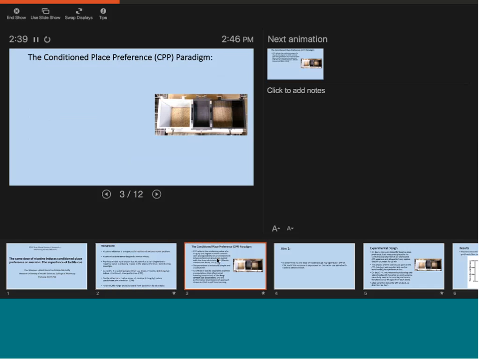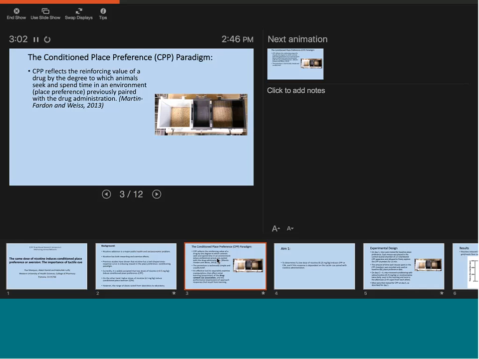This is considered a neutral pair chamber. Normally we put an animal here, a mouse or something, one at a time, and allow it to free roam between the two chambers and gather baseline data for the animal. This is the textbook definition, and I'm describing it in another fashion.